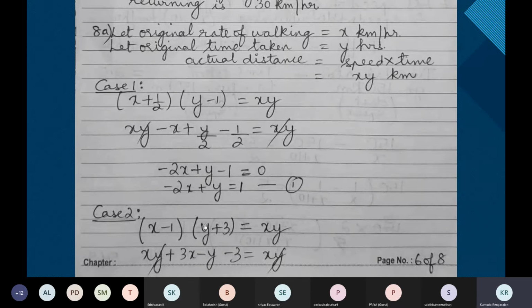The original time taken is y, but since he has reduced his speed, he takes 3 hours more, so y plus 3 is the new time taken. Now this new speed into the new time taken is the same distance xy.